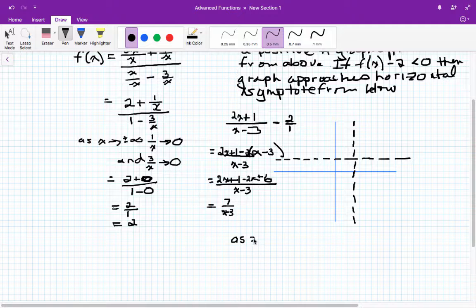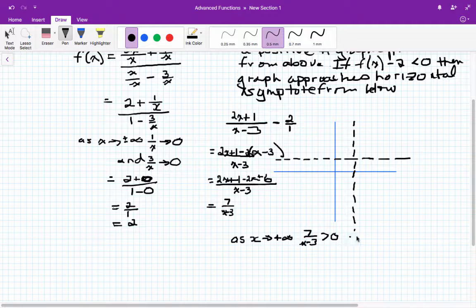as x approaches positive infinity, 7 over x minus 3 is going to be greater than 0.